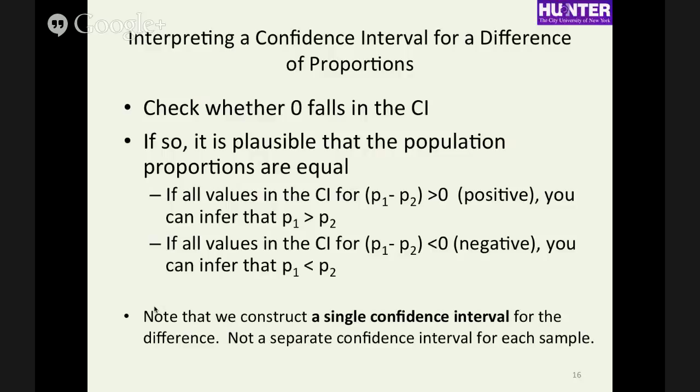I don't think it's common among students from my classes, but out in the world. So you know how to build a confidence interval for one sample, right? So you could just do it separately for each of these two samples. You could build this confidence interval for sample 1 and this confidence interval for sample 2.